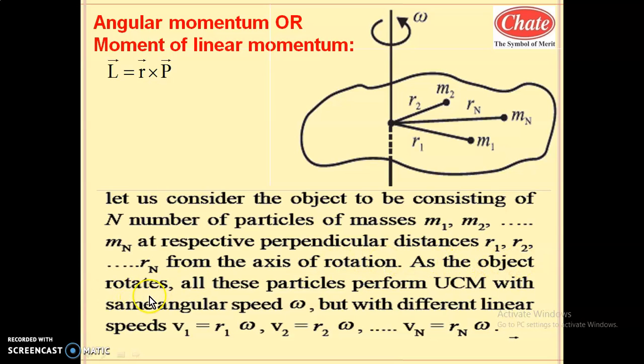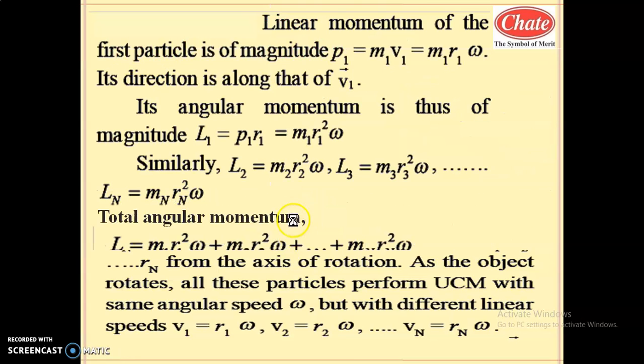As the object rotates, all these particles perform UCM with the same angular speed omega, but with different linear speed. v1 equal to r1 omega, v2 equal to r2 omega, and vn, that is the linear speed of the nth particle, that is rn omega. All these things are the same as whatever we have written about the rotational kinetic energy.